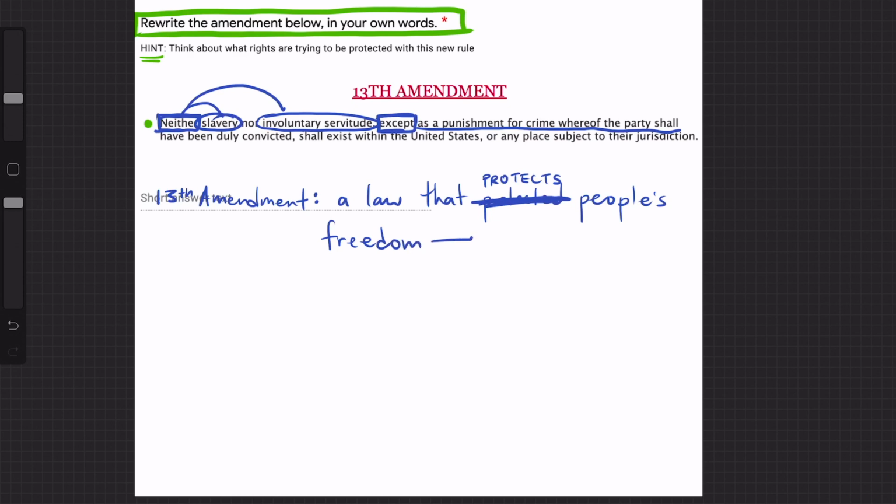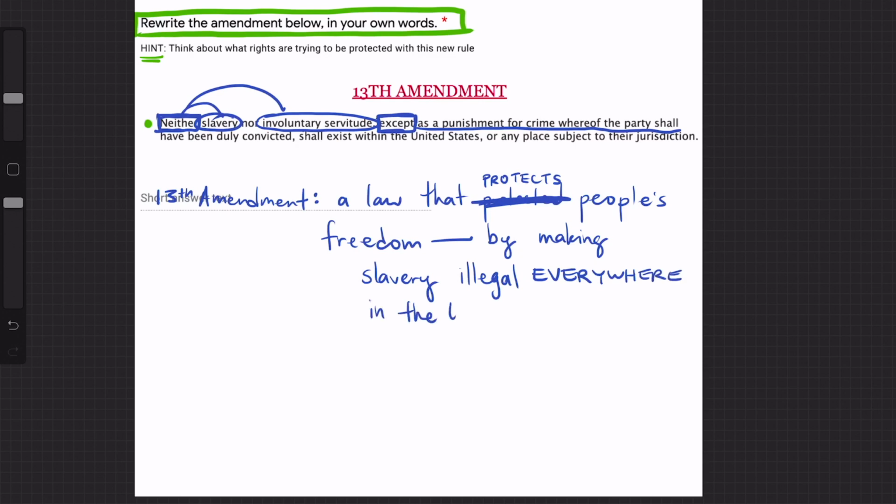How did this law protect people's freedom? By making slavery illegal everywhere in the U.S. except as a punishment for crime.